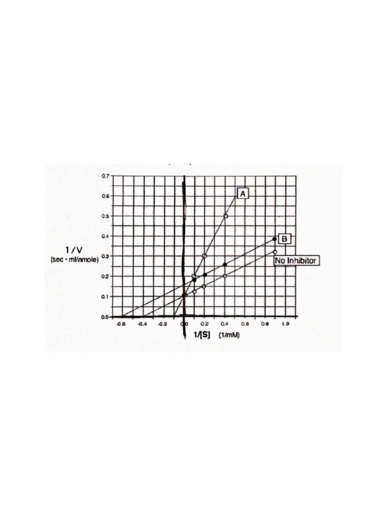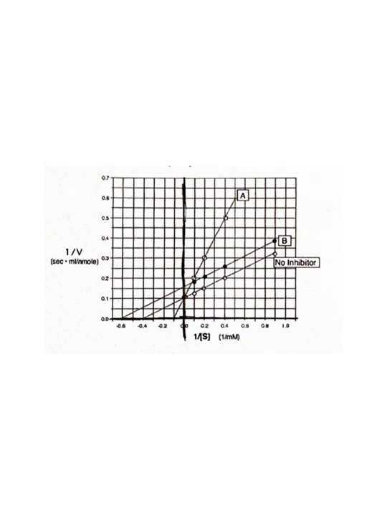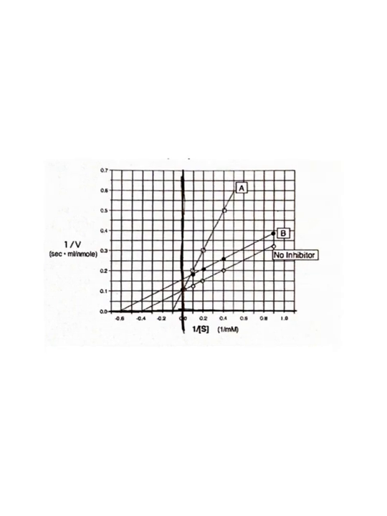So in part B, we're asked which represents the reaction mechanism for inhibitor B. So inhibitor B is this line over here.